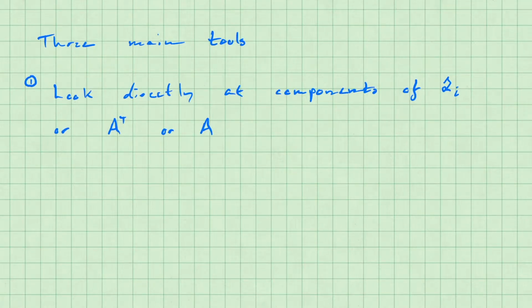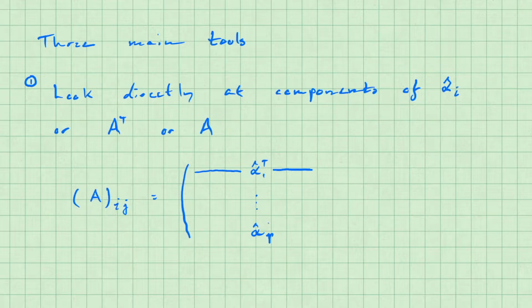And so let's look at that. So the matrix A, if we look at row i column j of that, it's going to be row i column j of a matrix that has these unit vectors alpha 1 transpose, so that makes it a row vector, and then down to alpha p transpose.